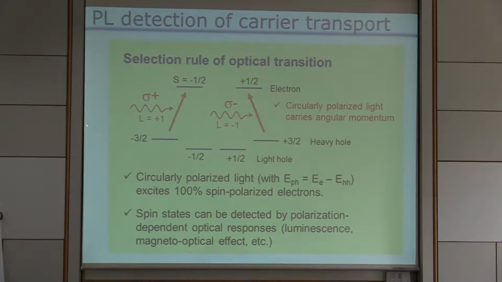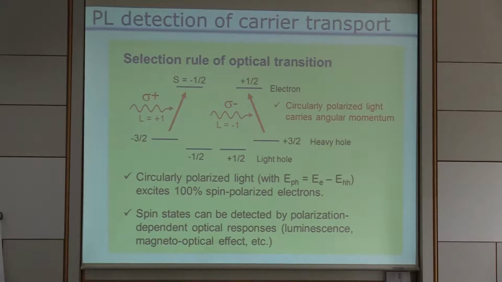When we tune the laser energy to between the heavy hole and the light hole, and we change the polarization to right circularly polarized light, we can excite only spin -1/2 electrons. Or when we excite with sigma minus polarization, we can excite spin 1/2 electrons. In other words, the circularly polarized light carries angular momentum.